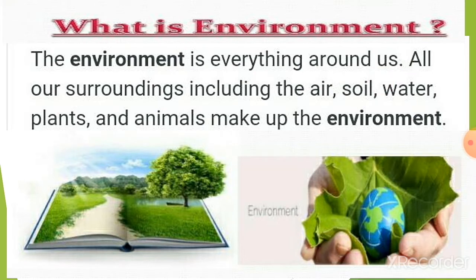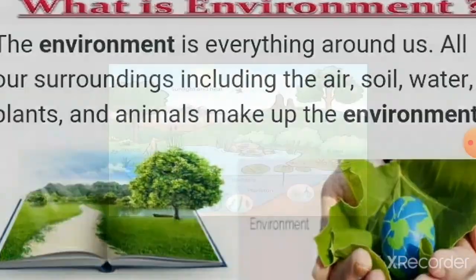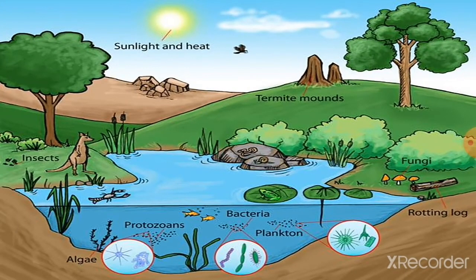All our surroundings, including the air, soil, water, and plants and animals, make up the environment. See this picture, children. All the things presented in this picture are called environment.